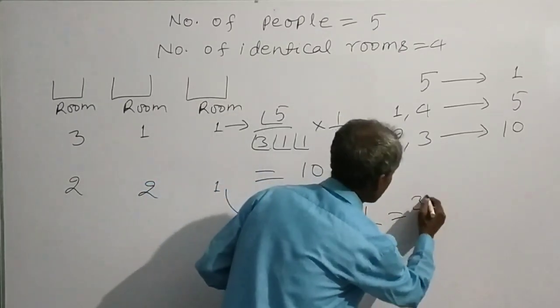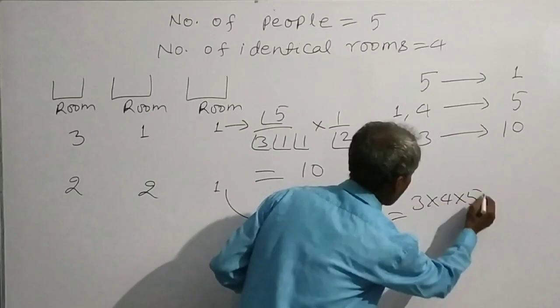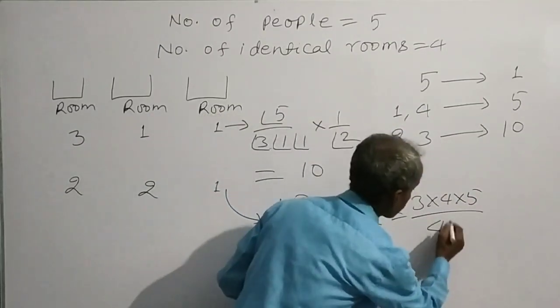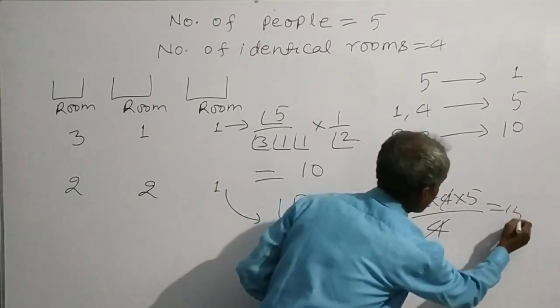That is equal to 3 times 4 times 5 by 4, which is equal to 15.